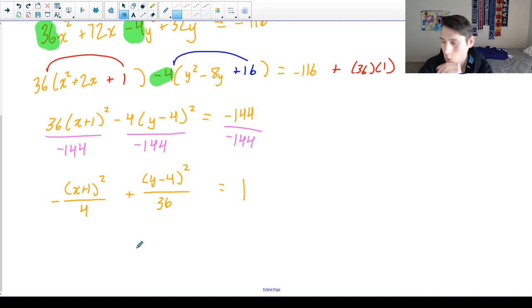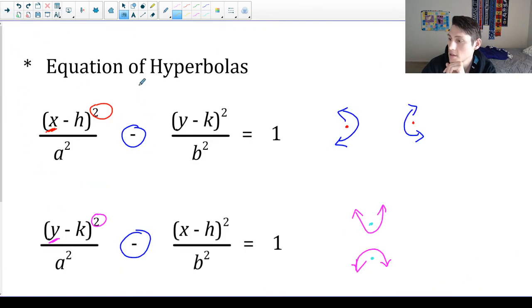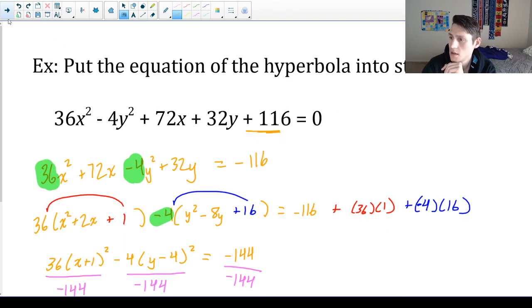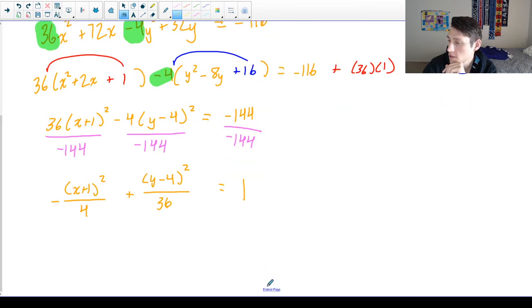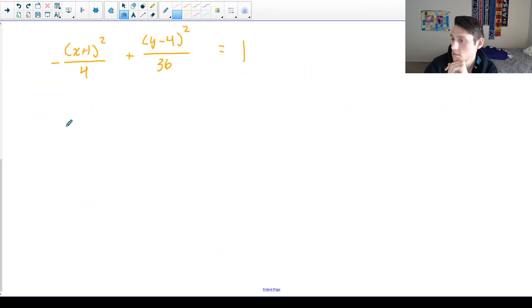One quick last step is notice from my equations that the minus sign is always in the middle. So I'm just going to quickly rearrange this so that the minus sign is in the middle.